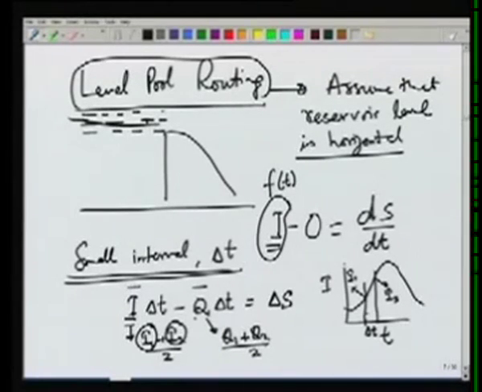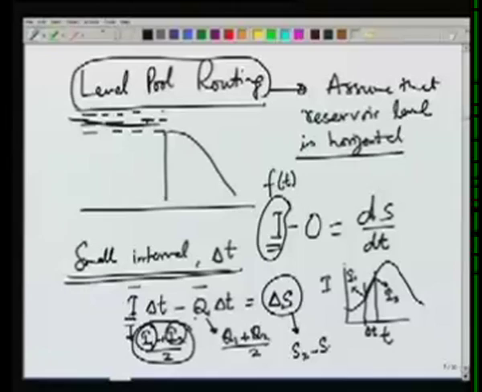Obviously delta t has to be small enough so that we can assume that this portion is more or less a straight line, and therefore this assumption of average flow being equal to (I1 plus I2) by 2 will be valid. And delta S will of course be the change in storage, S2 minus S1. So using this equation, now we would like to route the flow through the reservoir and see what kind of outflow we get for a given inflow.